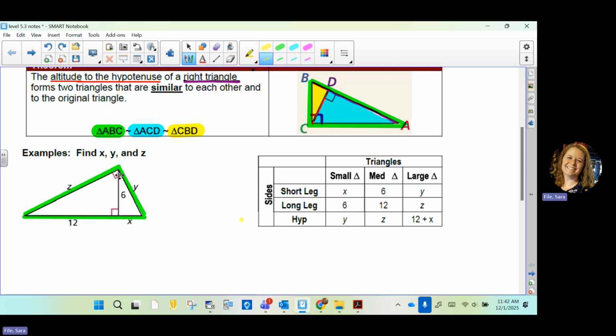And then it's broken up and you get this small triangle in here, the large triangle, and then you have that other medium-sized triangle. Got it color-coded so you can see what we're referring to.